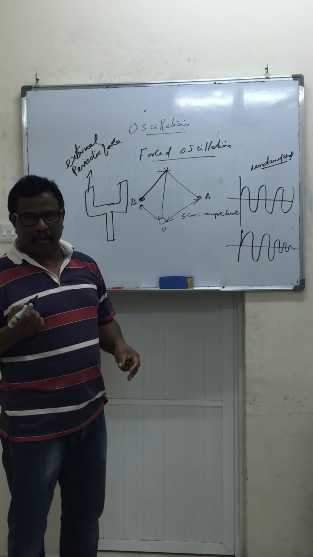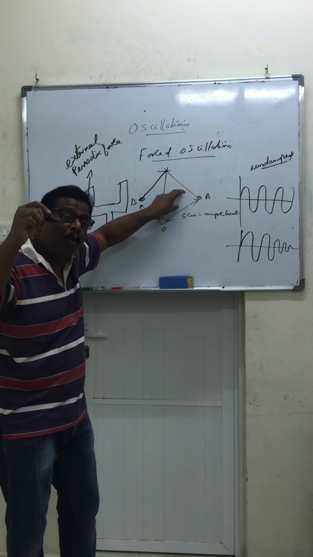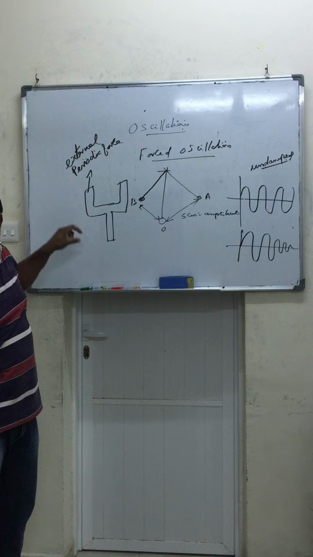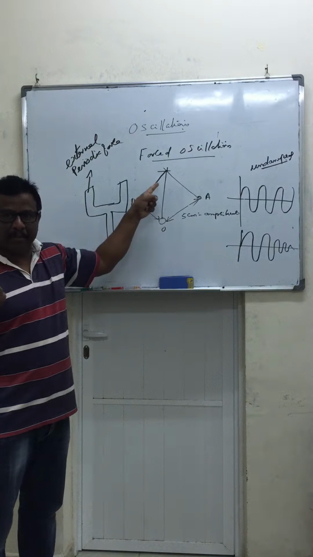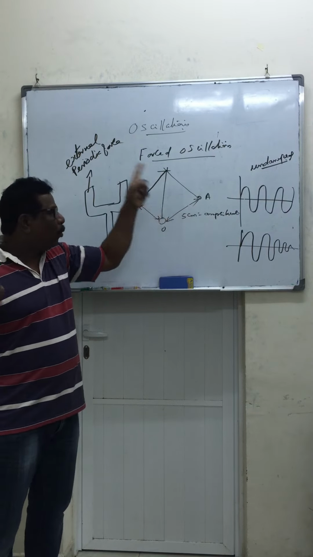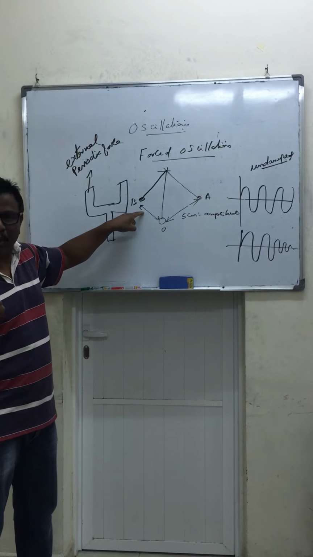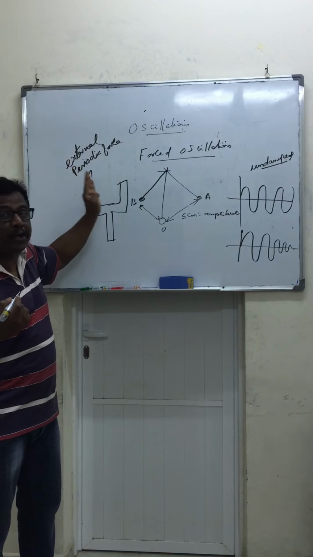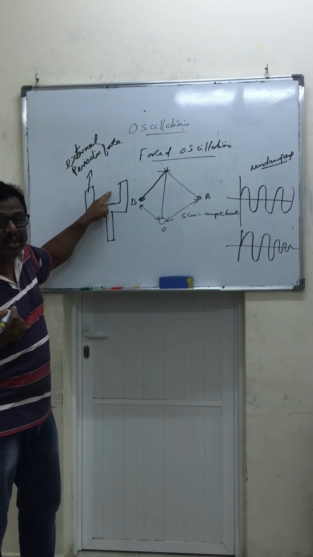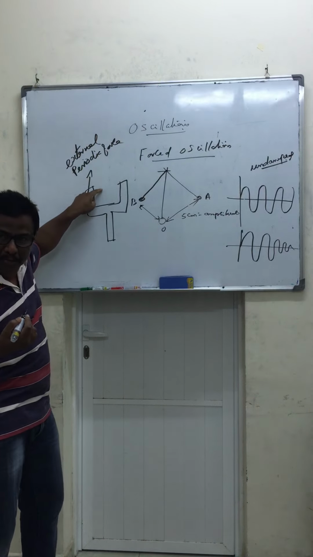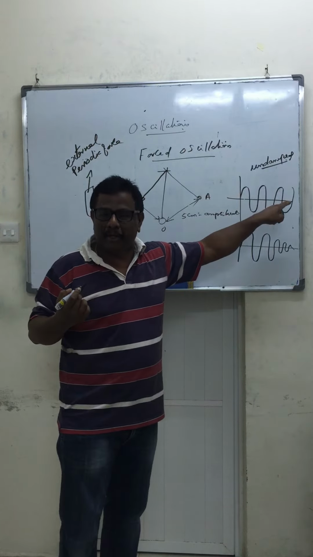But I want to maintain the same oscillation. To continue the oscillation, I have to provide some external periodic force, for example a tuning fork. When the pendulum oscillates, I keep a vibrating tuning fork near to it. This vibrating tuning fork has a certain frequency. Because of the presence of the vibrating tuning fork, the pendulum continues to oscillate with the same amplitude.